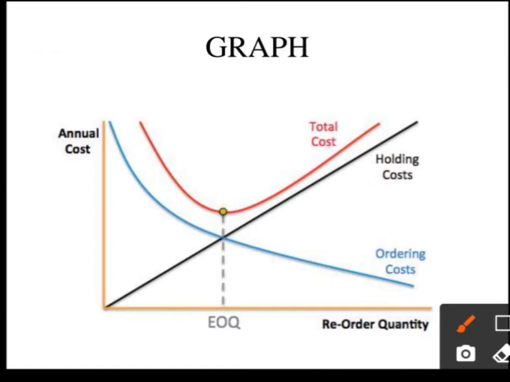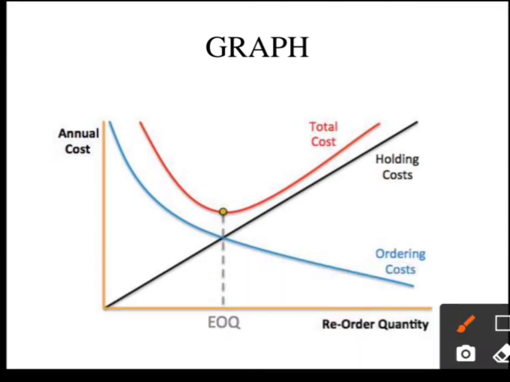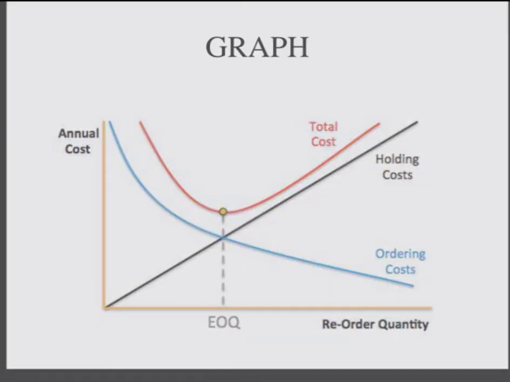You can see it from the graph. The economic order quantity is the point at which the total cost initially decreases and then turns to increase. So this is the economic order point.